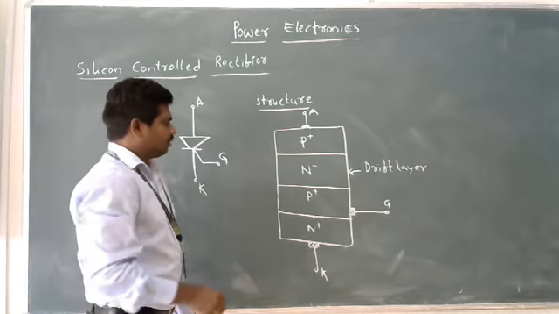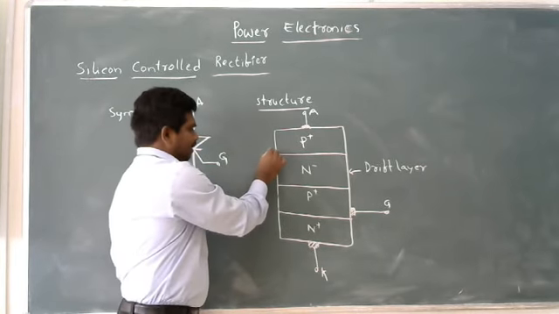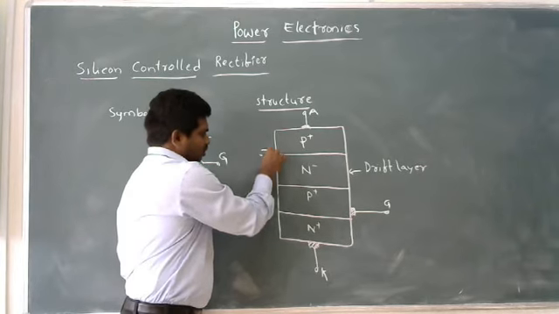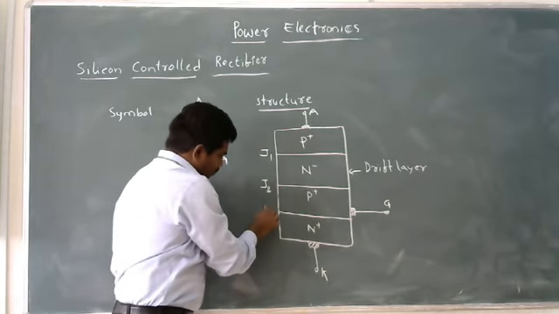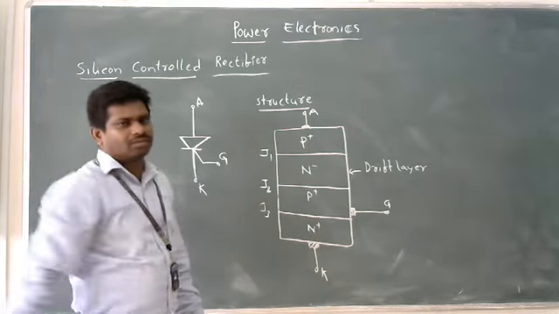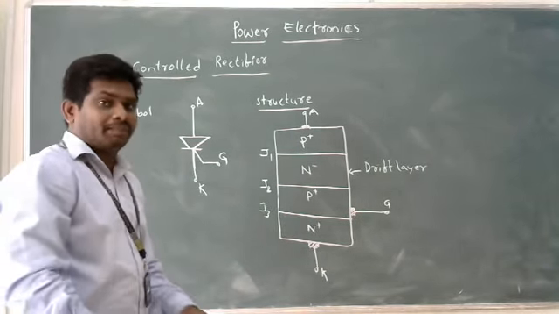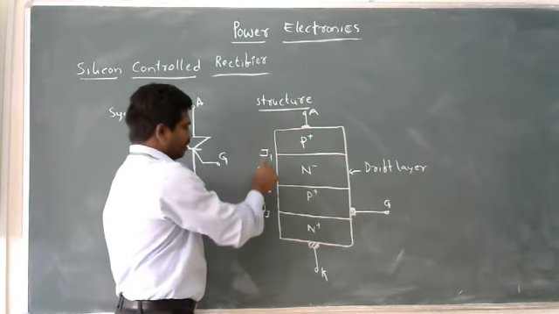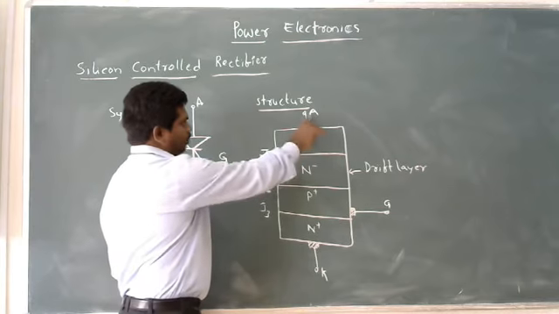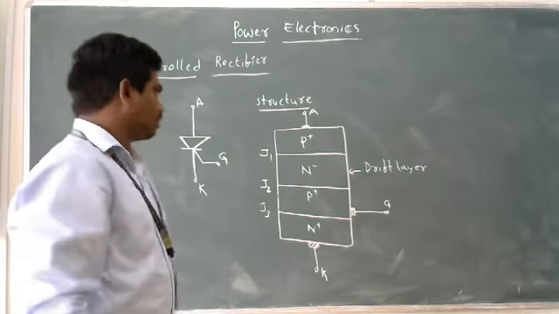So there are four layers, and we can say junctions J1, J2, J3. So this is a four-layer, three-junction, three-terminal device.